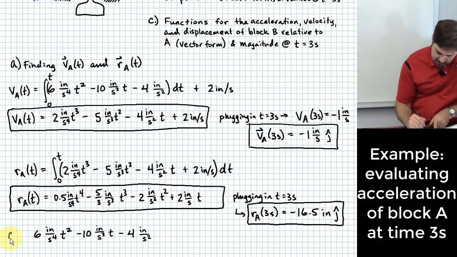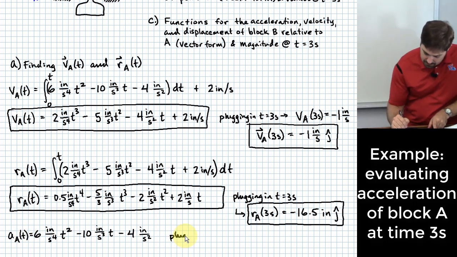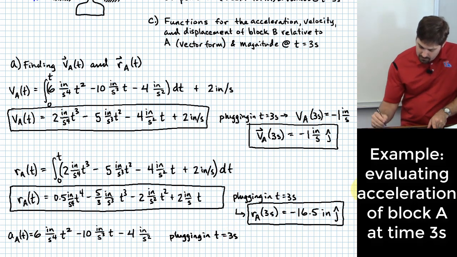Take this function, which is the function for the acceleration of part A as a function of t. If you plug in t equal 3 seconds, what do you get?